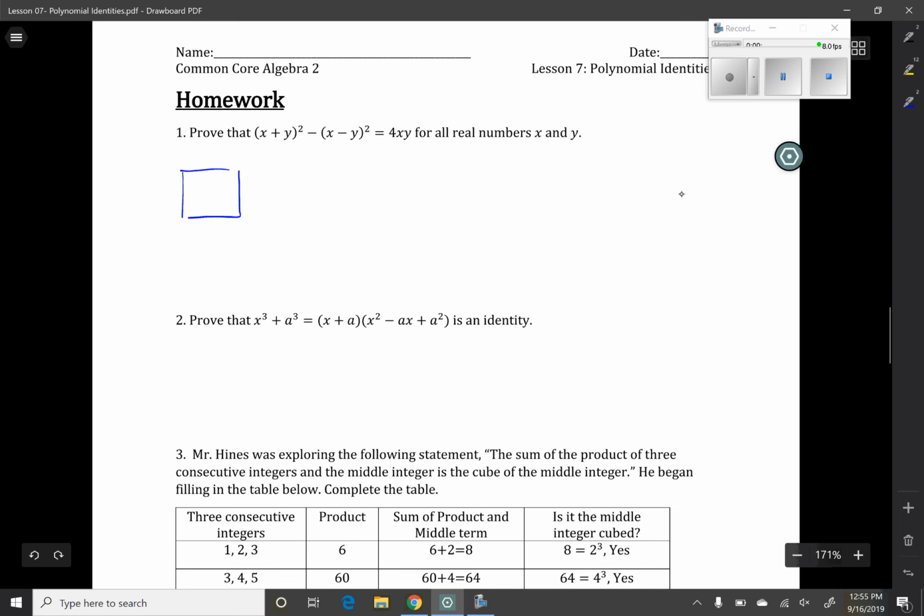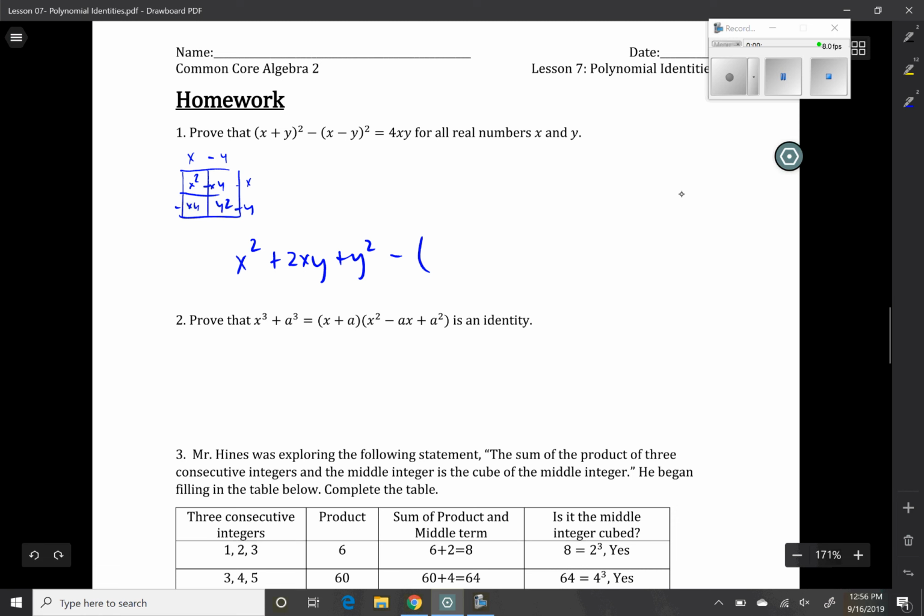So if I do some multiplication here of x, y, we're going to get x squared, xy, xy, and y squared. So it's going to give me x squared plus 2xy plus y squared minus. Now this is the exact same thing just with a minus here, which is going to give you a minus here and a minus here.